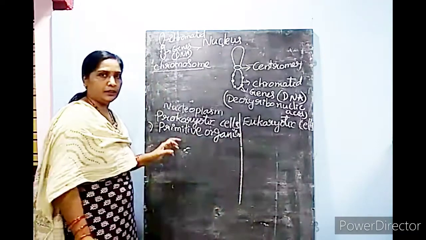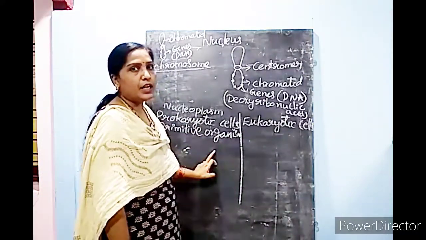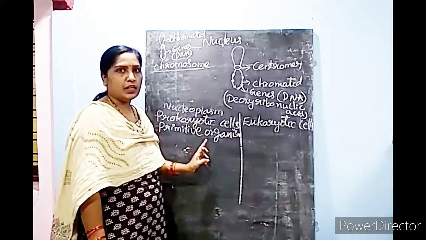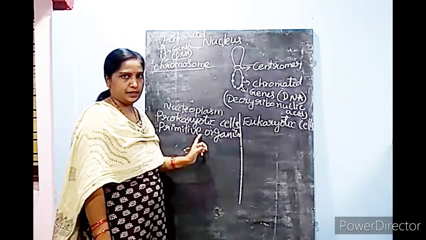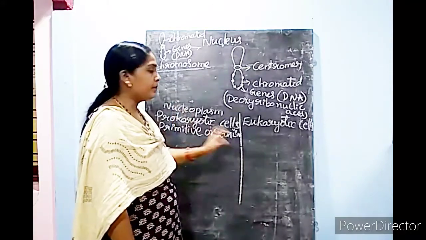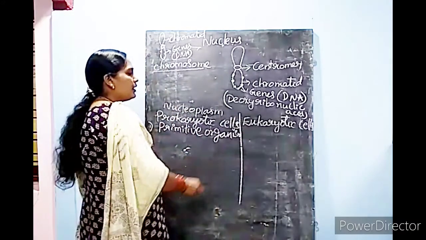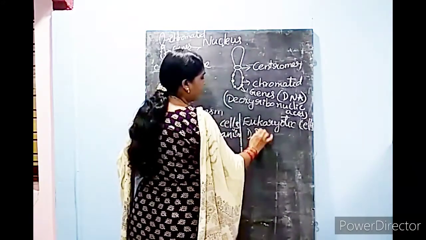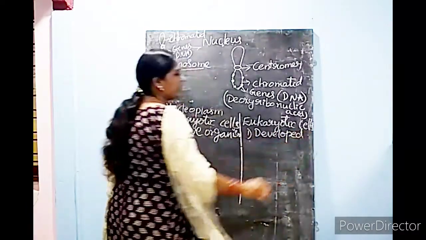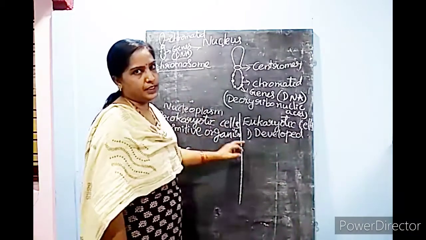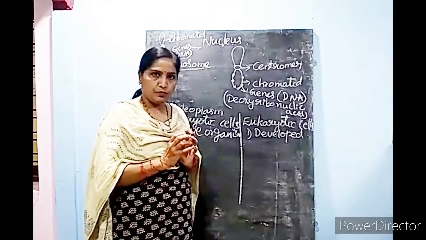When the single cellular organisms were formed, they had prokaryotic cells. They are primitive organisms. Here in the eukaryotes, they are well-developed organisms. Developed organisms have eukaryotic cells. The cells are well developed.